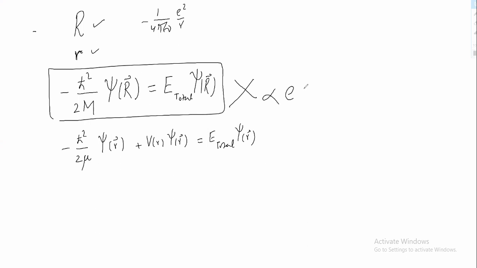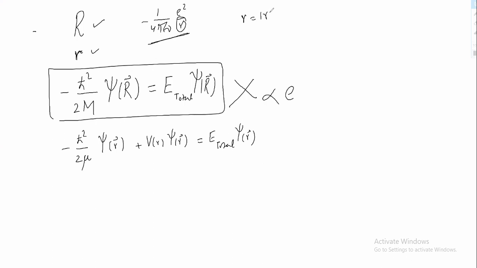So why does the capital R equation not contain the potential term? Because we are talking about the Coulomb interaction term, and it only depends upon the relative distance between the two particles.